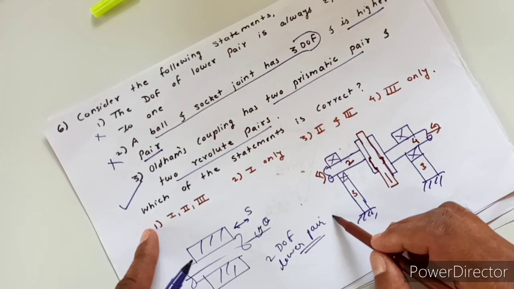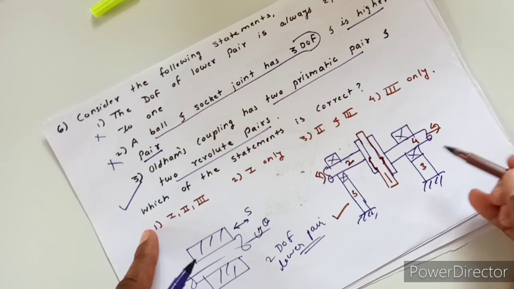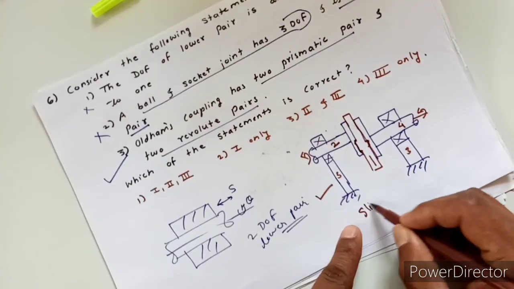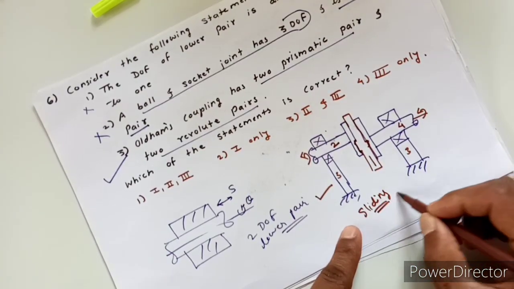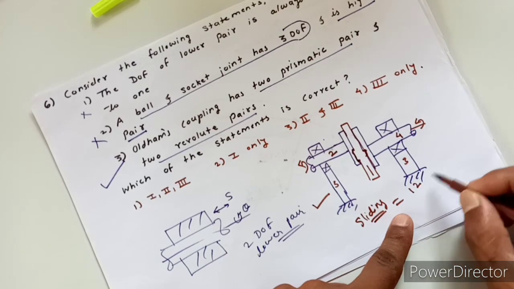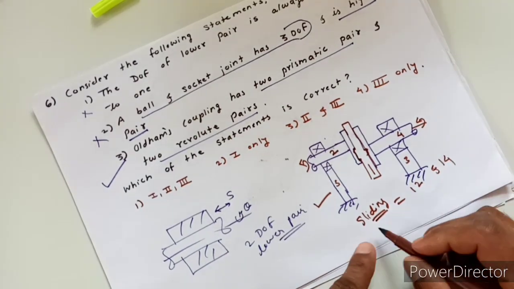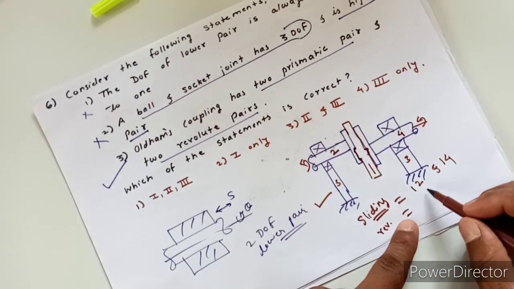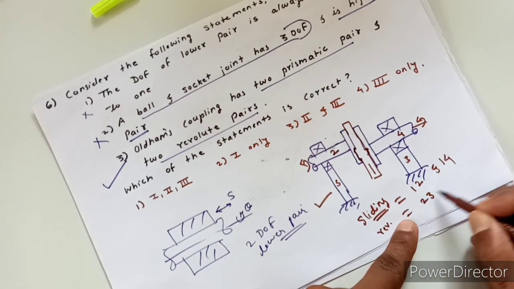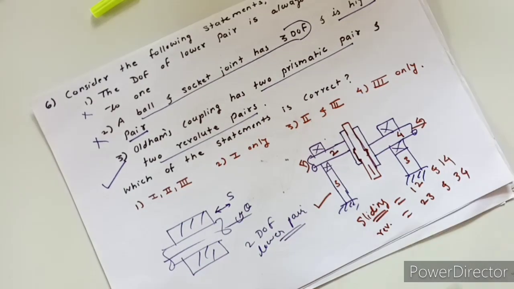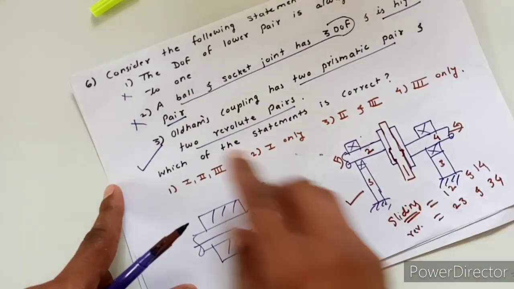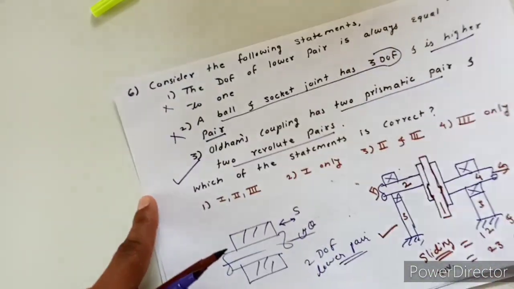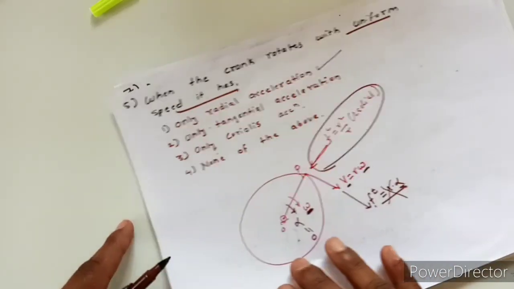So the correct answer is Oldham's coupling. Sliding pairs or prismatic pairs are 2 between link number 1 and 2 and 1 and 4, and revolute pairs are also 2 between link 2 and 3 and between link 3 and 4. So the correct answer is Oldham's coupling, which is the inversion of the double-sided crank chain.